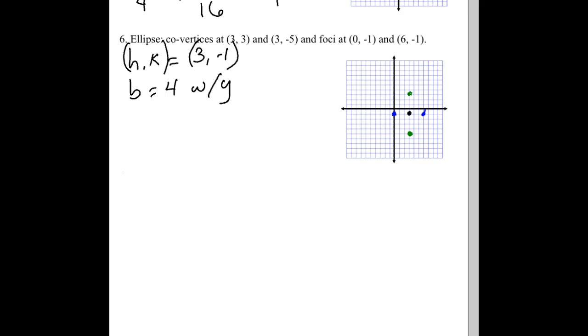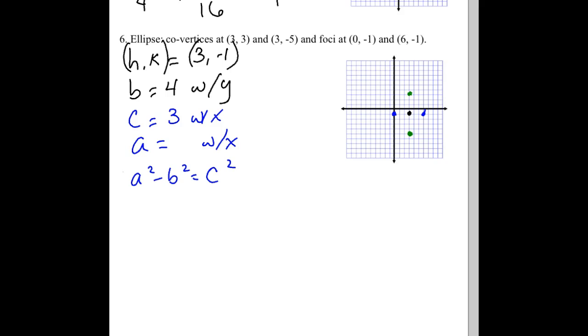Well, what does that help me figure out? That tells me C, which I don't need in my equation, but I can use it to help me figure out A. So C is 3 and it's with x. That means A is going to be with x as well, right? And it's an ellipse. So we have A squared minus B squared is equal to C squared. Yes?